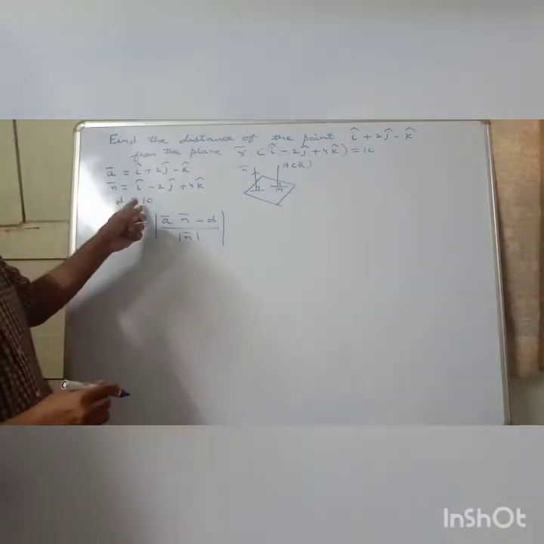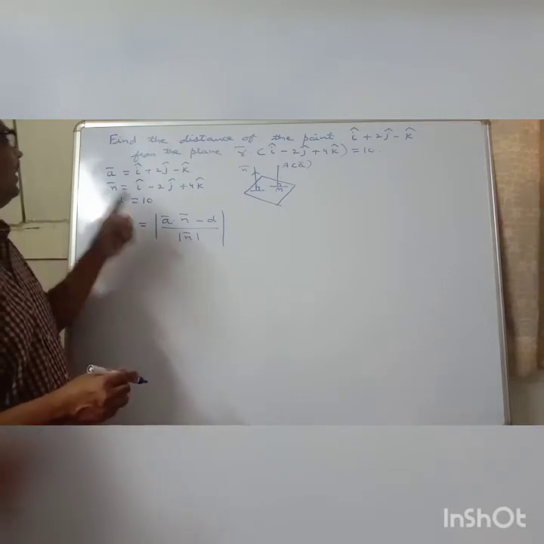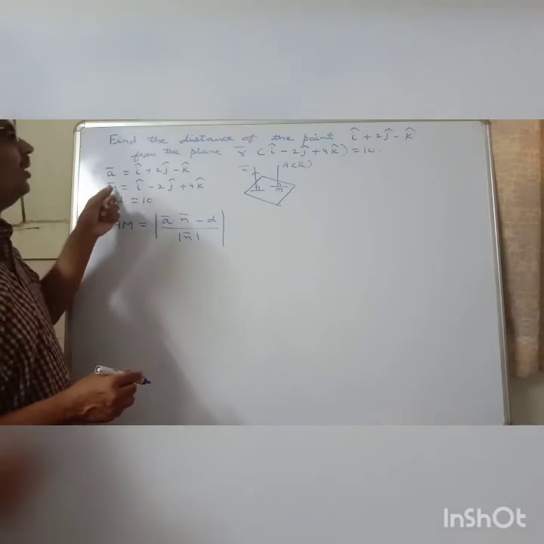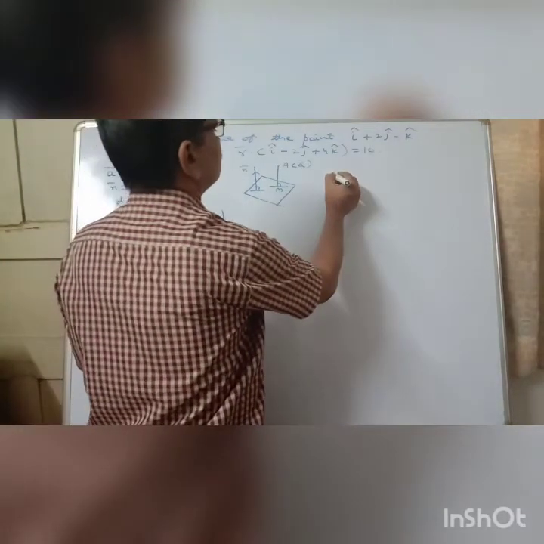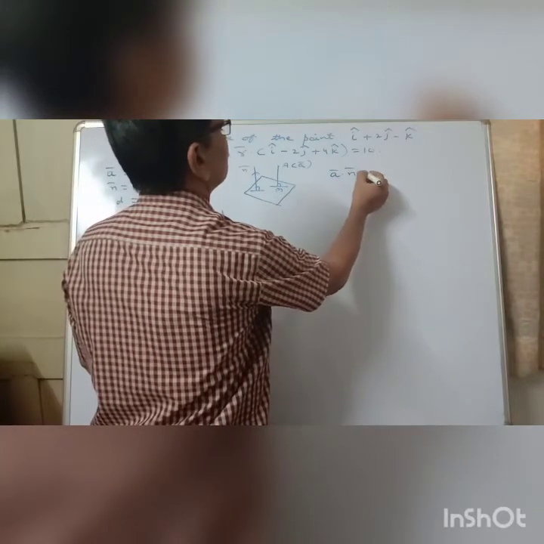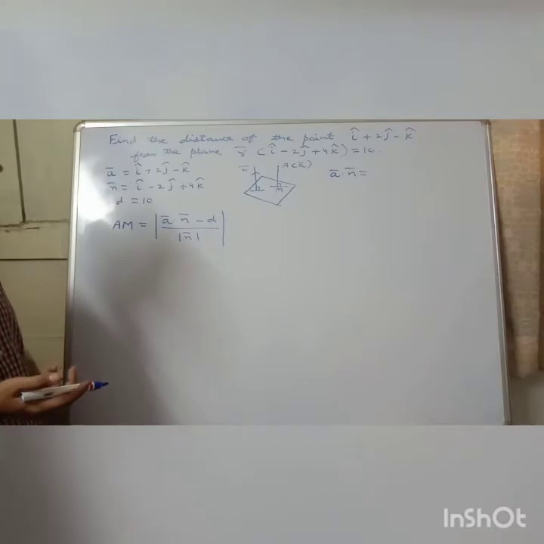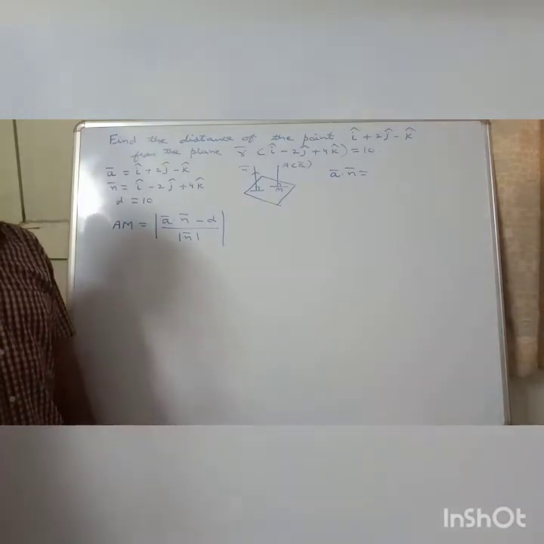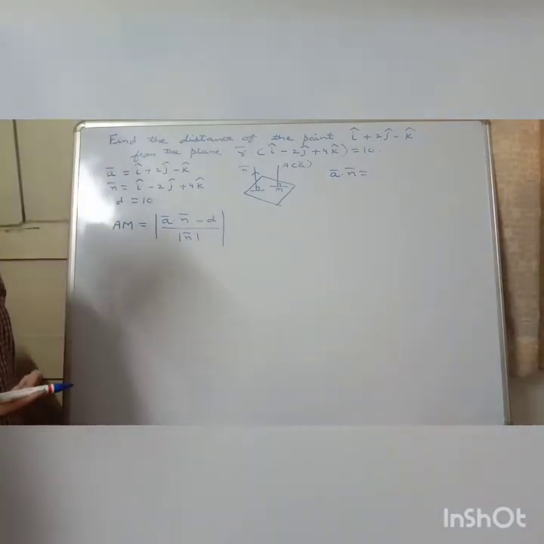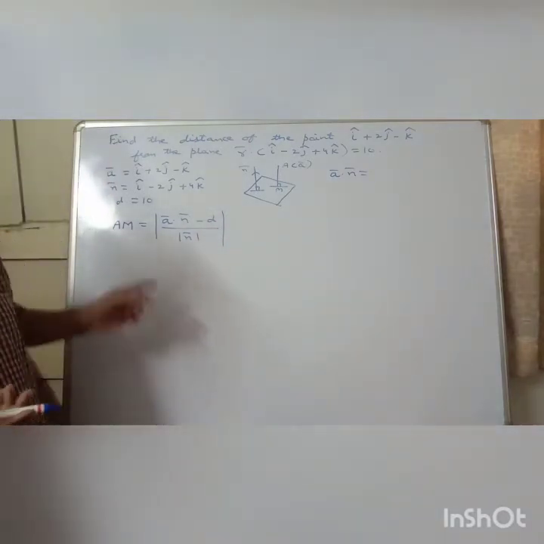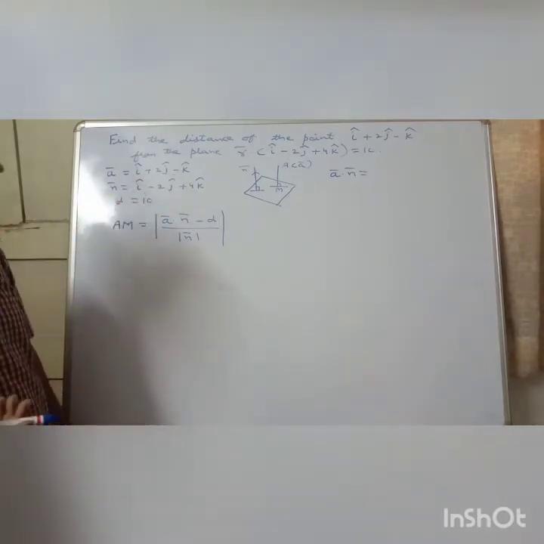d is known to us. We have to find magnitude of n bar, and we have to find dot product of A bar with n bar. Dot product of two vectors is a scalar quantity. A bar and n bar are expressed in terms of unit vectors i, j, k, so their dot product is sum of product of coefficients of i, j, k.